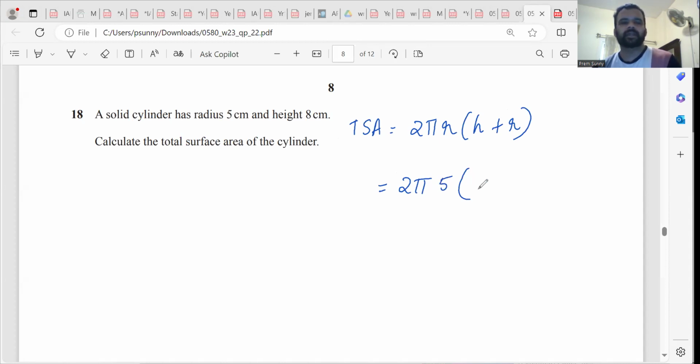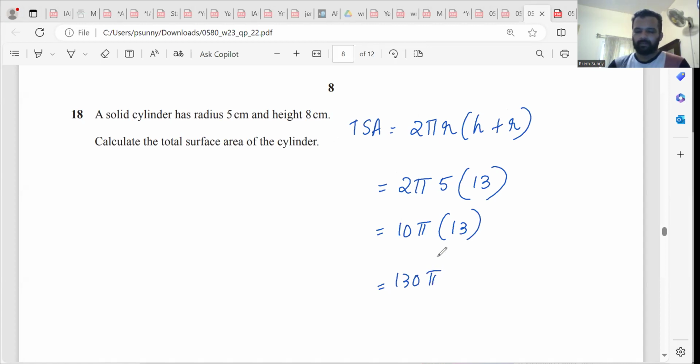H plus r is 8 plus 5, 13. That is 10 pi into 13, 130 pi. If you put it in the calculator, you will get the answer as 408.4 centimeters squared, since it is area that we are finding out.